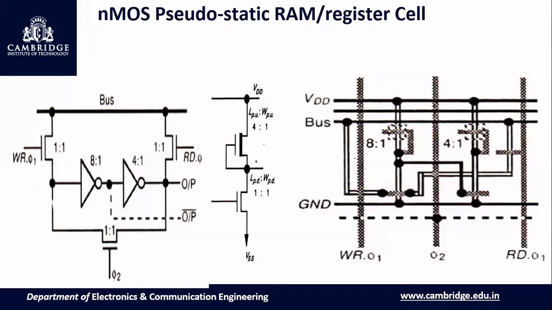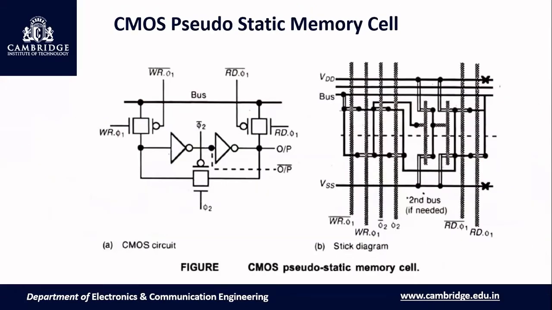Next, let us see the CMOS pseudostatic memory cell. Instead of NMOS pass transistors, I have used transmission gates, and instead of NMOS inverters, we'll use CMOS inverters. Can you make out?